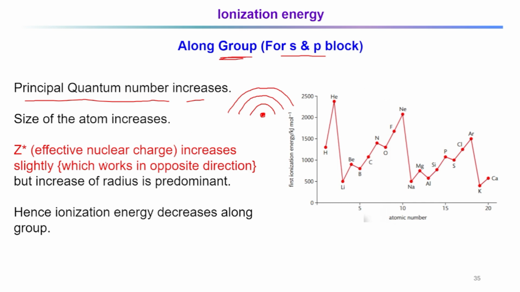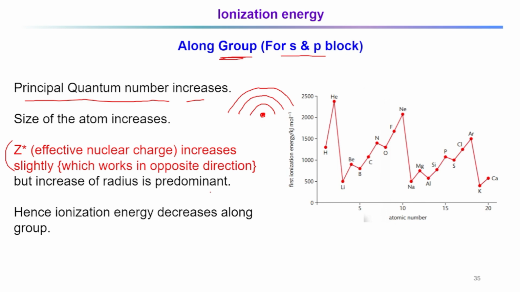Now Z star, effective nuclear charge, is also increasing, which works in the opposite direction. Now we can neglect this contribution. Just to let you know, whatever I have written in red, those factors are minor factors. So the increase of Z star, or effective nuclear charge, is minor in this case.